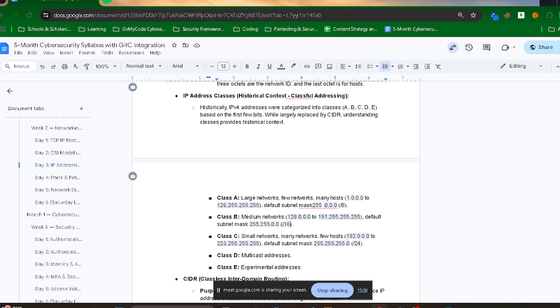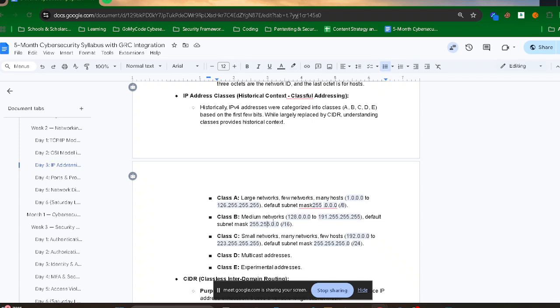So there's no doubt, you'll be able to easily calculate the number of hosts that a network can contain.